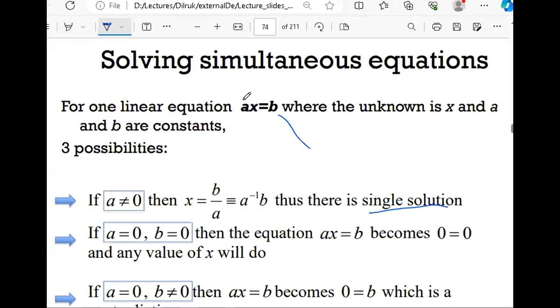What if a is equal to 0? Let's assume b is also equal to 0.